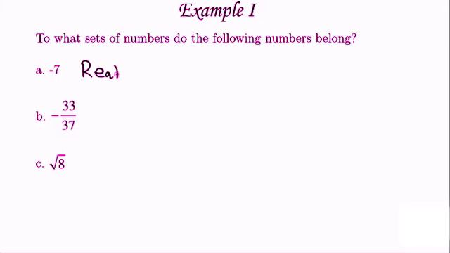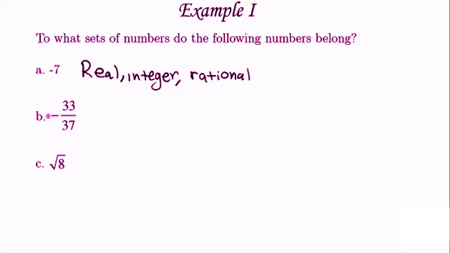Is it a whole number? No, because it's negative. Is it an integer? Yes, it is. Is it a rational number? Yes, it's a rational number. So this belongs to 3 sets: the set of real numbers, integers, and rational numbers.